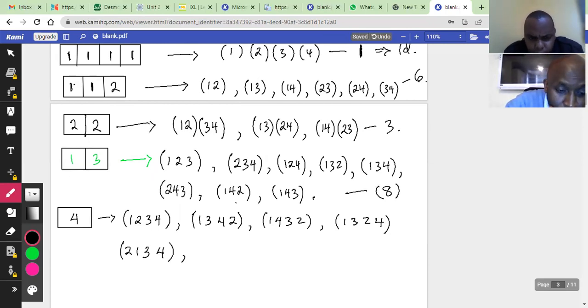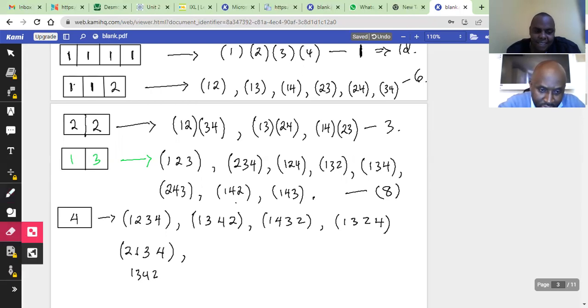So the rule is always to start with the smallest. So this should be 1, 3, 4, 2. It's there already. So it's finished then? I don't think so.